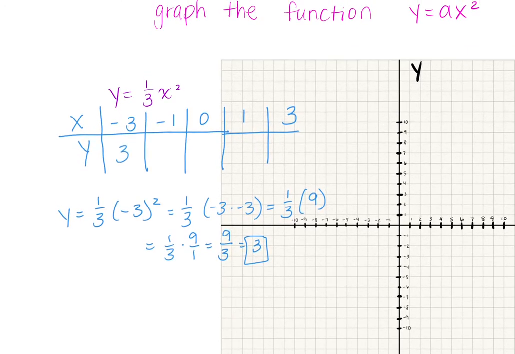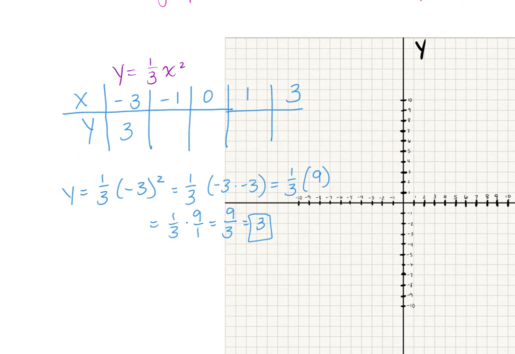When x is -1, let's check it out. If x is -1, we've got y equals 1/3 times -1 squared. What do we get when x is -1? Ashton?